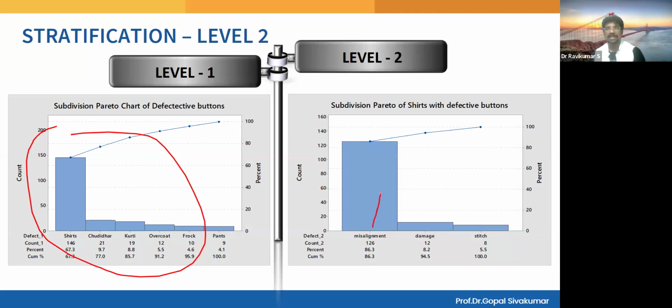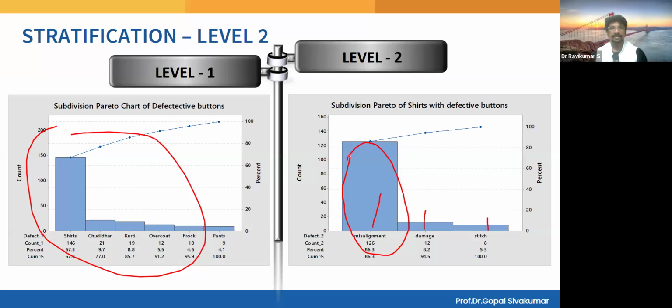See, misalignment type of defective buttons, damaged buttons, and poor stitching. So the defective buttons in shirts are occurring because of misalignment, damage and stitching. So now you could understand this misalignment is causing more trouble.